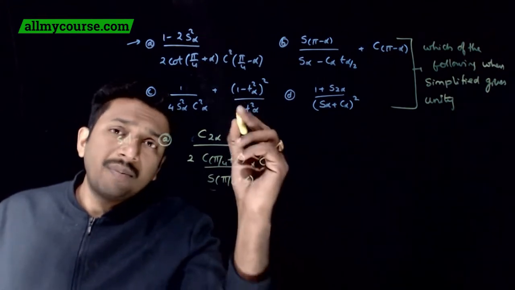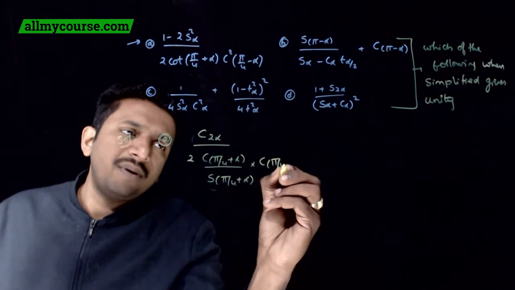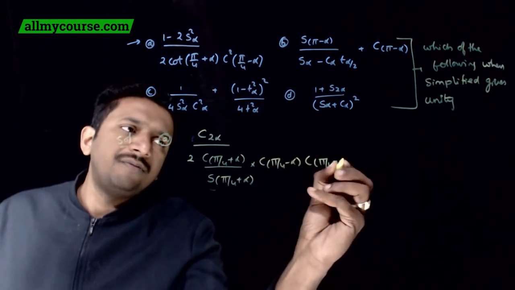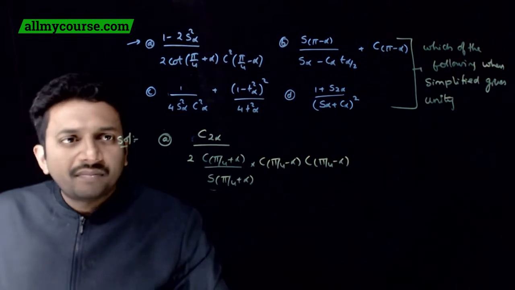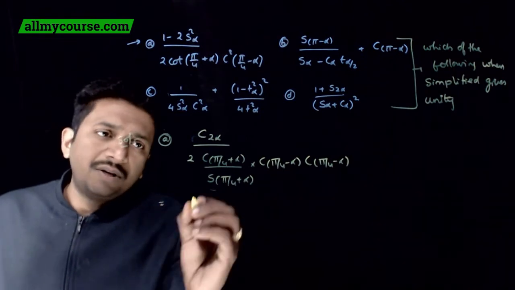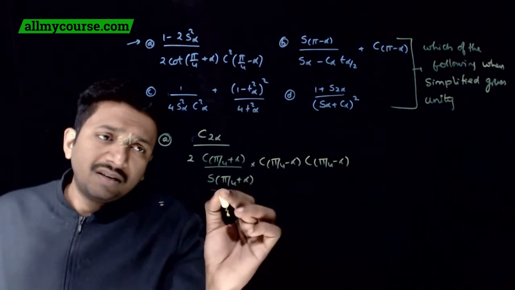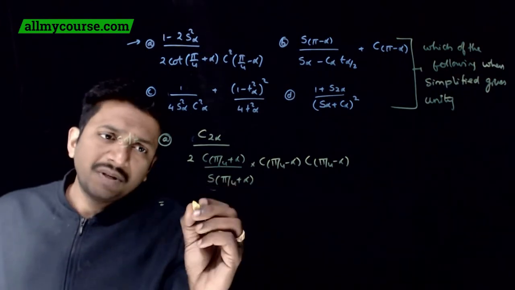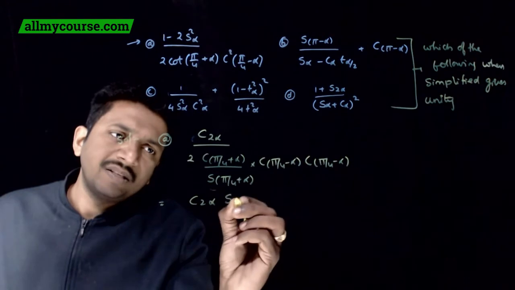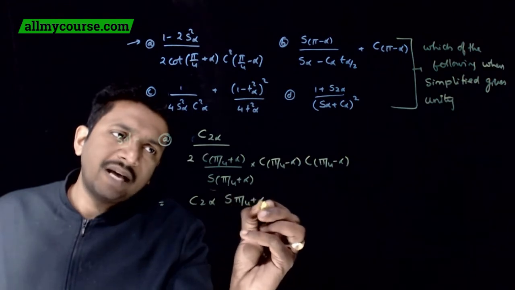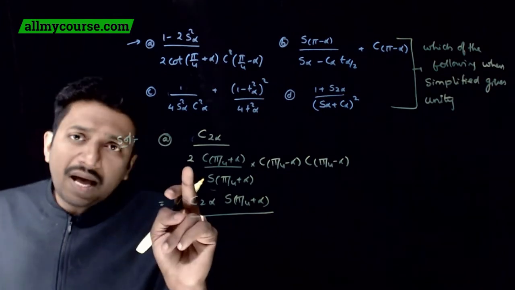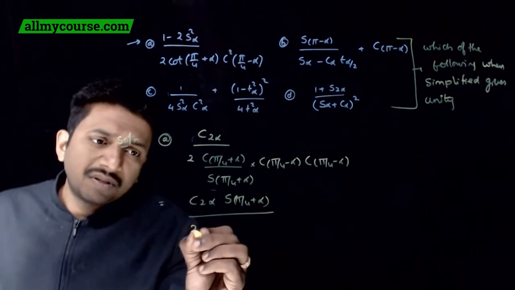of pi by 4 minus alpha, that is cos pi by 4 minus alpha into cos pi by 4 minus alpha. So this sin pi by 4 plus alpha is in the denominator of the denominator, so it goes up. So cos 2 alpha sin pi by 4 plus alpha divided by, so you have 2 times.